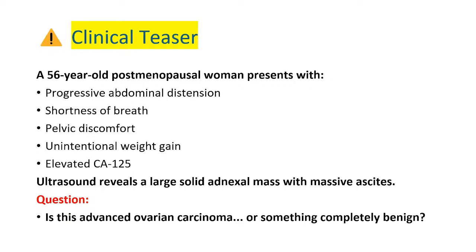Ultrasound reveals a large solid adnexal mass with massive ascites. The question is: is this advanced ovarian cancer or something else completely benign? That's the challenge now. How do we navigate when we see such a case in our department?